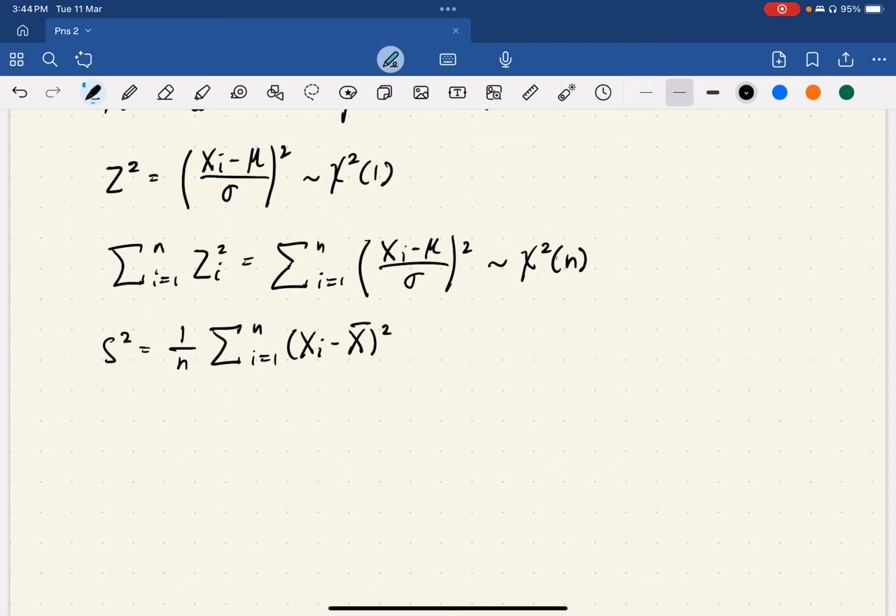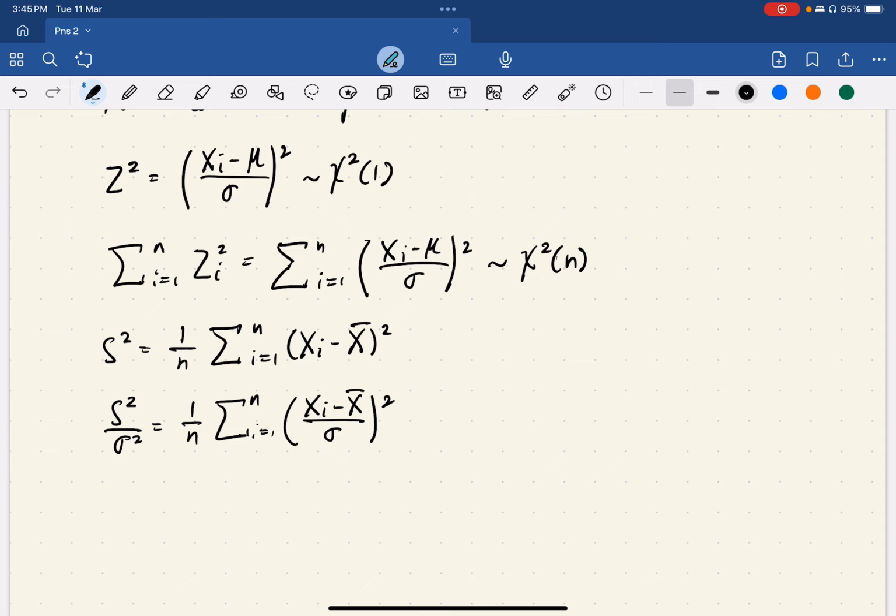Okay, now suppose that we divide both sides by sigma squared. So you have s squared over sigma squared equals 1 over n sum of xi minus x bar, squared over sigma squared.